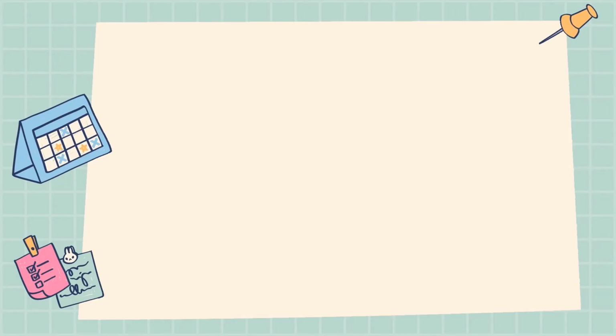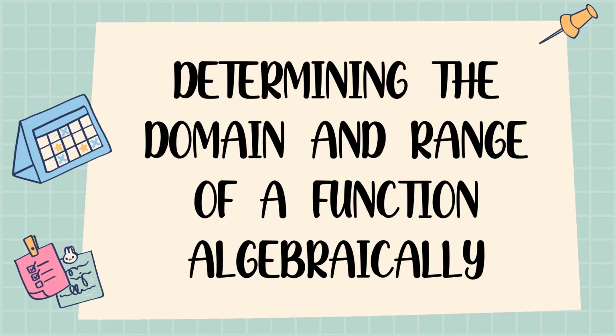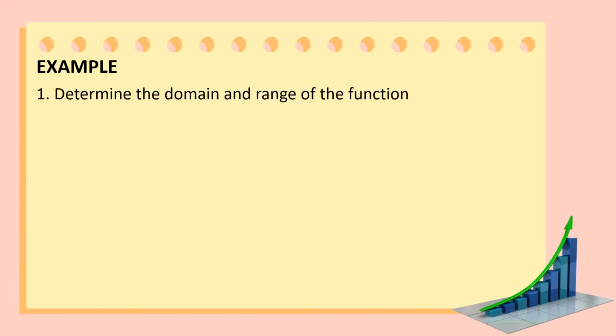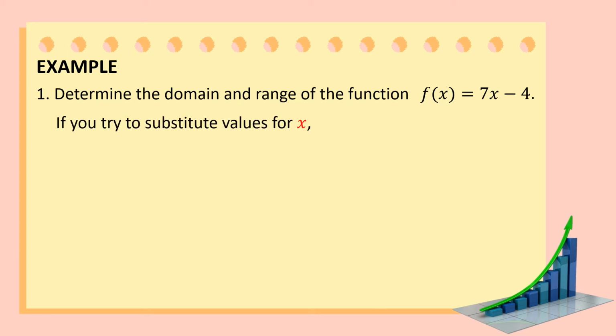Now let's proceed in determining the domain and range of a function algebraically. For our first example, we are going to determine the domain and range of the function f of x equals 7x minus 4. If you try to substitute values for x, you will always get a unique value for y.